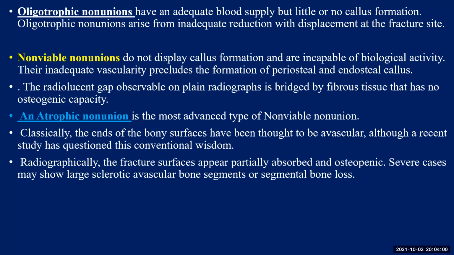An atrophic non-union is the most advanced type of non-viable non-union. Classically, the ends of the bone surface have been thought to be avascular, although a recent study has questioned this conventional idea. Radiographically, the fracture surface appears partially absorbed and osteopenic. Severe cases may show large sclerotic avascular bone segments or bone loss.